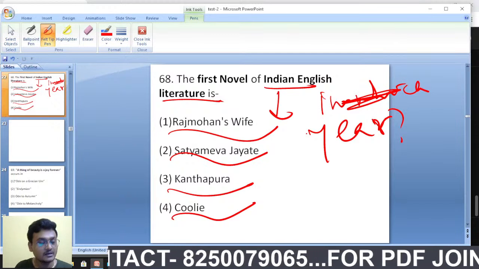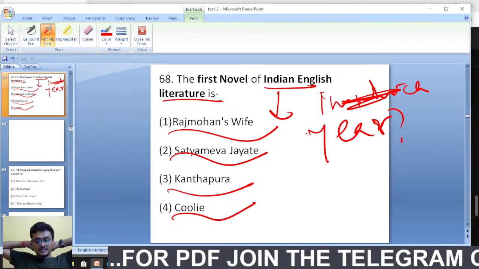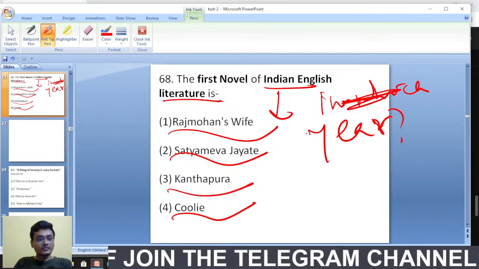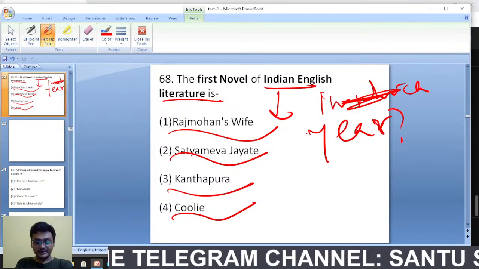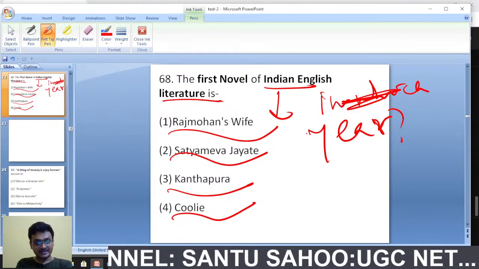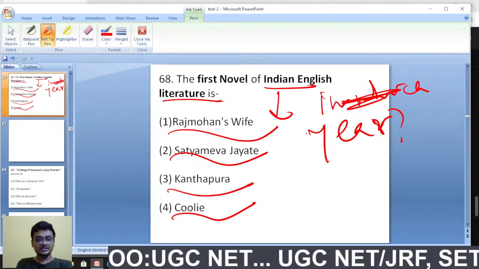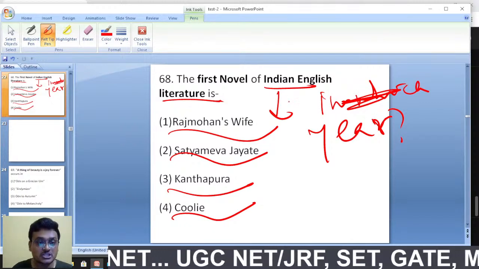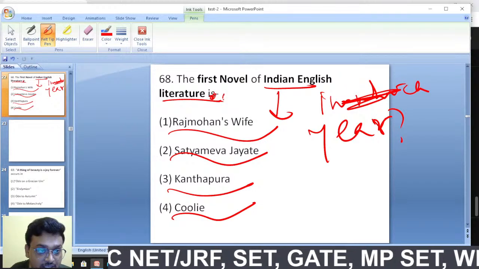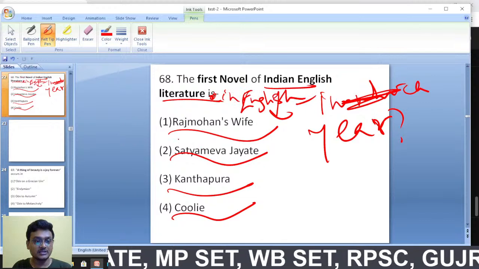Cerebral hemorrhage, exactly. Arthur Henry Hallam died of cerebral hemorrhage at the age of 22. Exactly. Rajmohan's Wife is the right answer. But in which year was the first novel of Indian English literature published in English? Rajmohan's Wife.